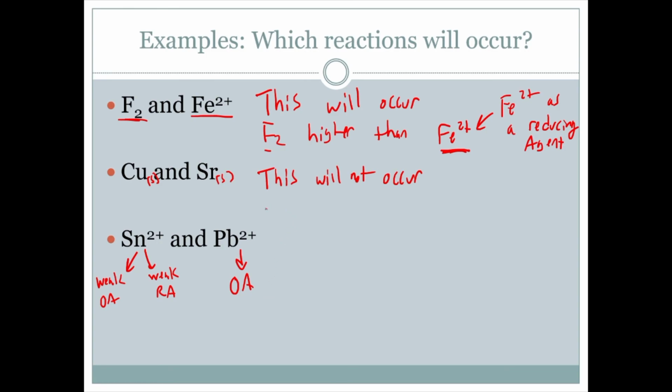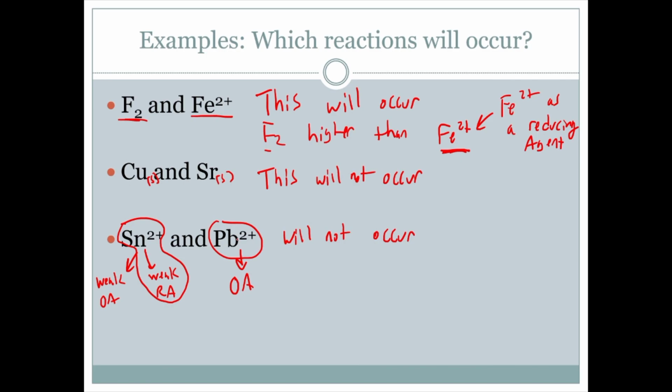Pb2 plus only appears as an oxidizing agent. So even if the tin were to adopt its reducing agent form, it's a weaker reducing agent than the Pb2 plus, so this will not occur. Because again, the Sn2 plus as a reducing agent is weaker than the Pb2 plus as an oxidizing agent. Not by much though, but still weak enough that this reaction will not occur.